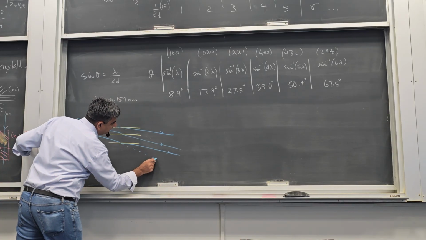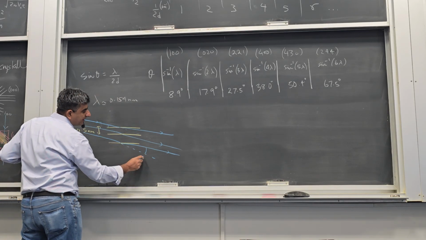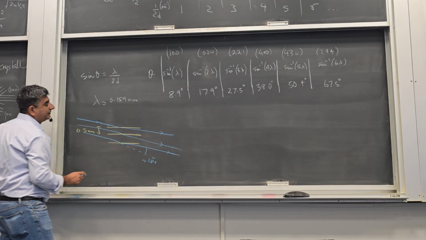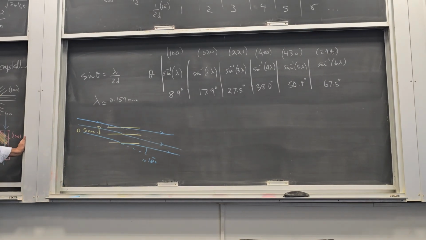But this angle is 2 times 9, which is about 18 degrees. So this is how X-rays will be scattered. They will be scattered at small angles.